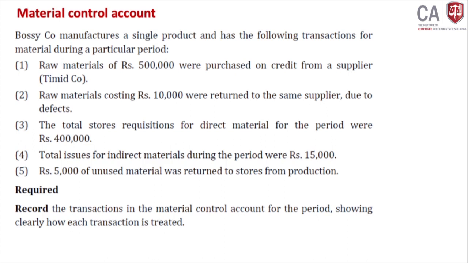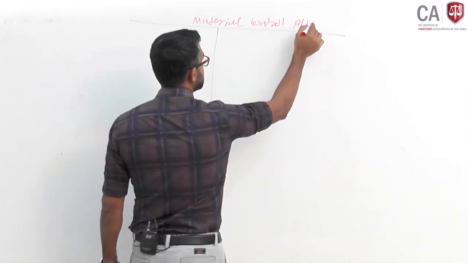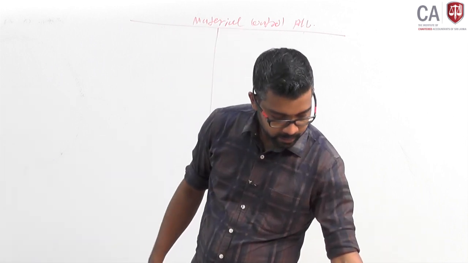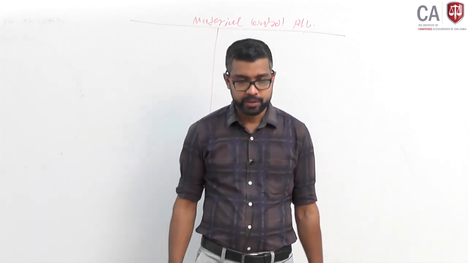Finally, they are asking you to record the transactions in the material control account for the period, showing clearly how each transaction is treated. They are asking you to prepare the material control account based on the given information.